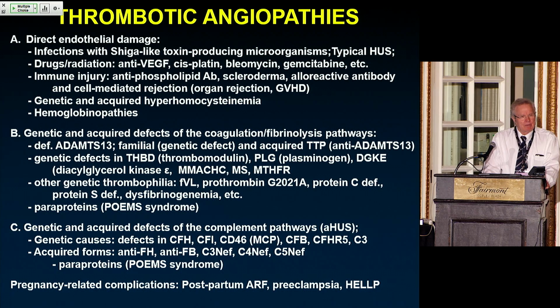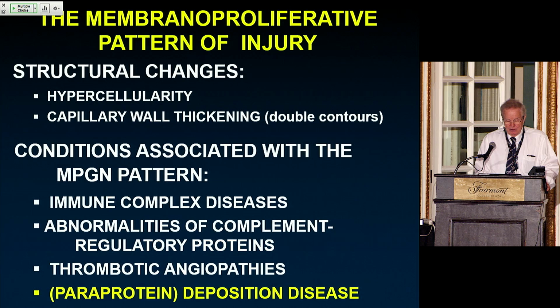So don't forget to include thrombotic angiopathies in your differential diagnosis when the pathology comes back with a membranoproliferative pattern of injury, especially if there's no C3 and no immunoglobulin. That is a hint that you may be in front of that.